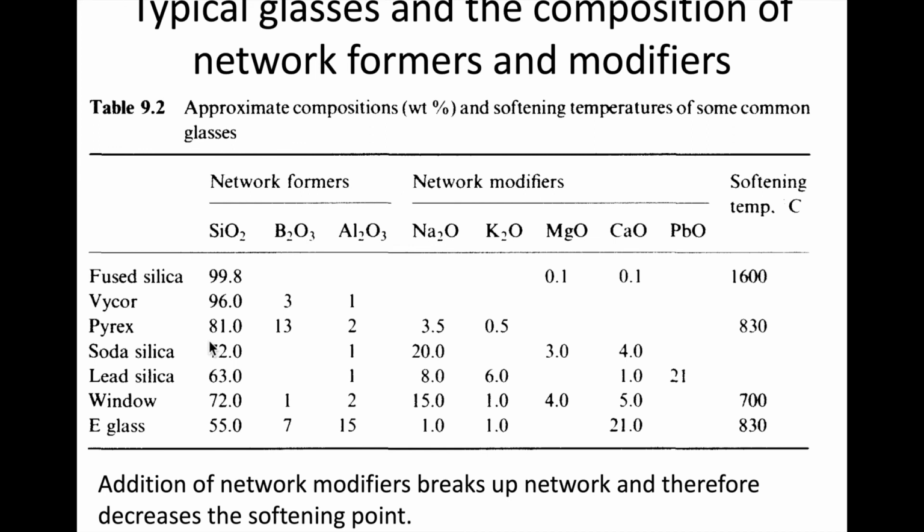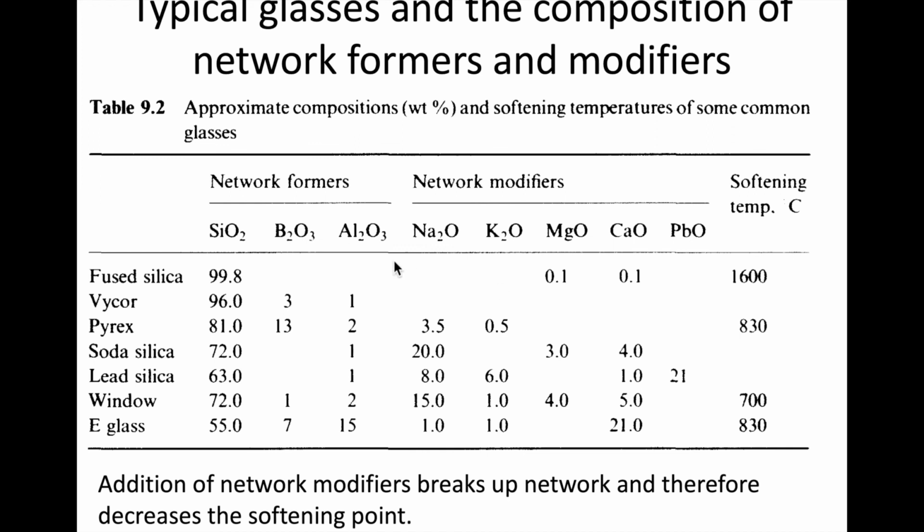But ours is most similar to the soda lime silica, because it predominantly has sodium and calcium. Soda refers to sodium oxide, lime refers to calcium oxide, if you're wondering about the naming here. So our glass is often referred to as flint, but flint and soda lime glass are kind of interchangeable.